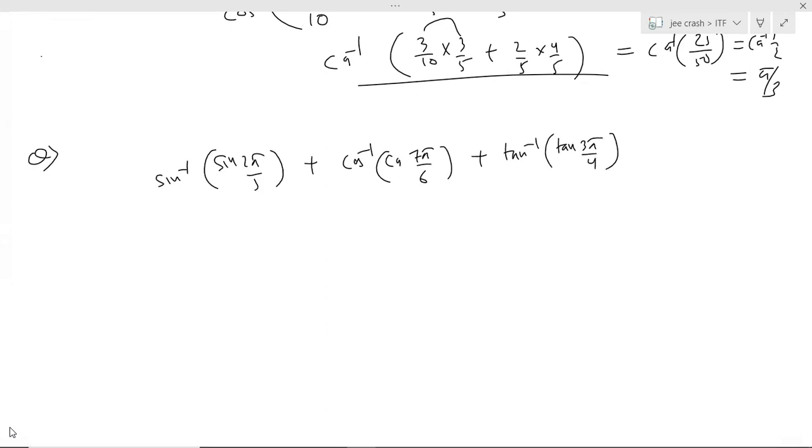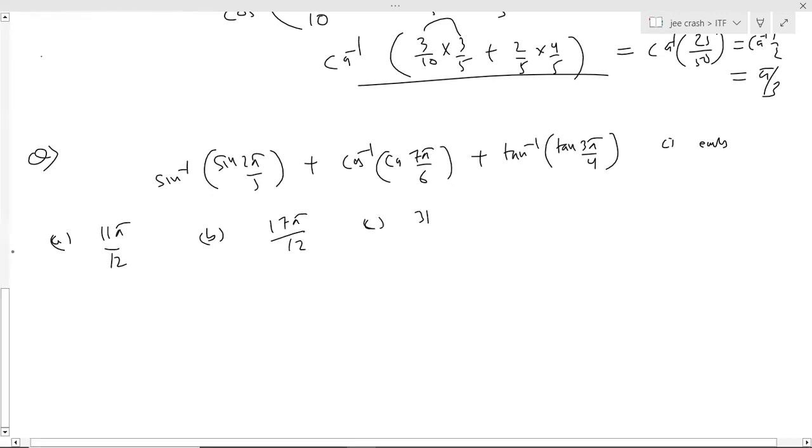Alright, is equals to 11 pi upon 12, 17 pi upon 12, 31 pi upon 12, minus 3 pi by 4. This is JEE 2022 question.